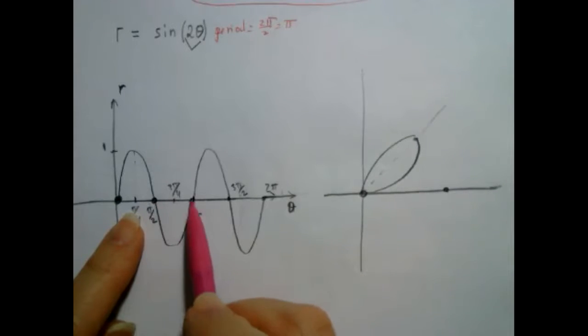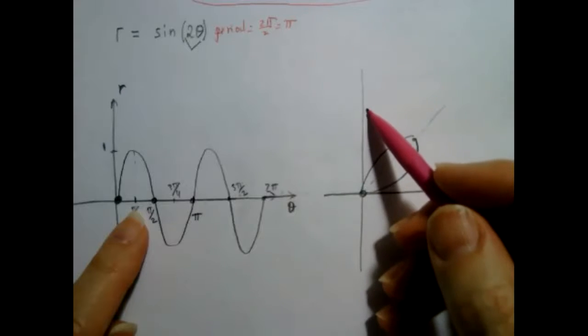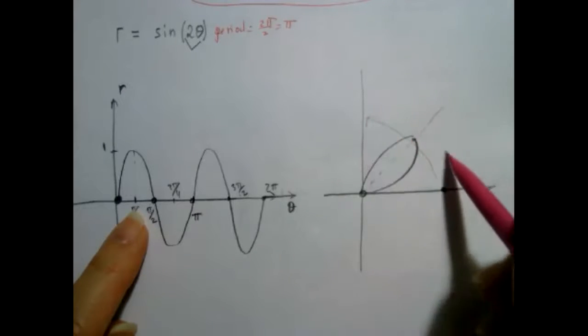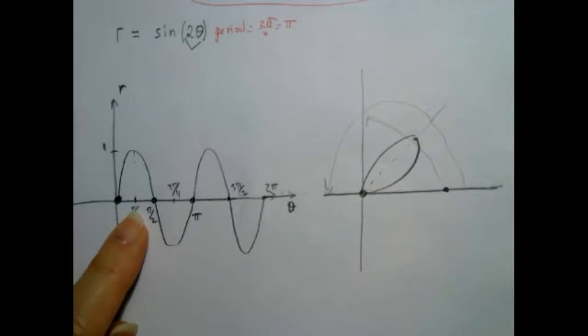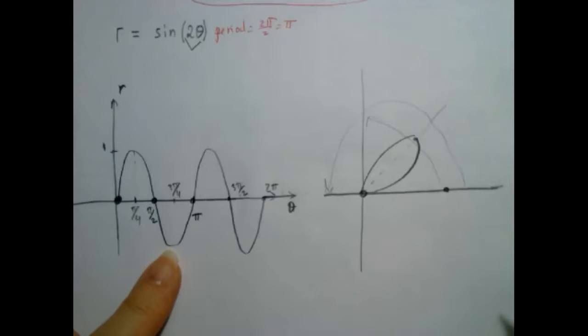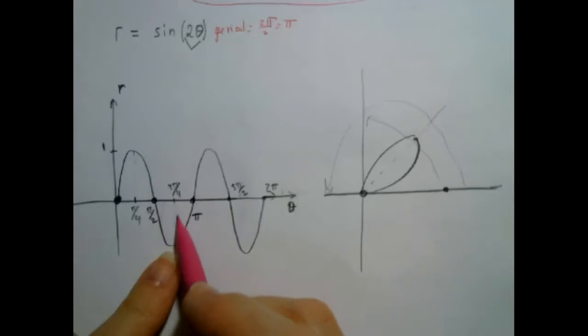Now, one question: between pi over 2 and pi, when theta is between pi over 2 and pi, where will the graph be? In the fourth quadrant, because right here my r is negative.